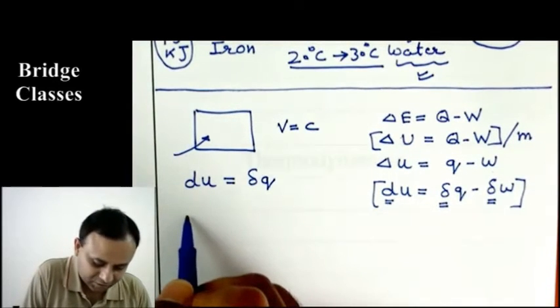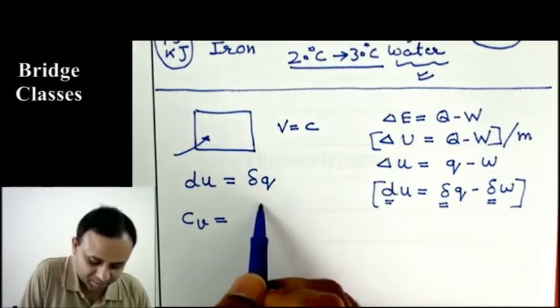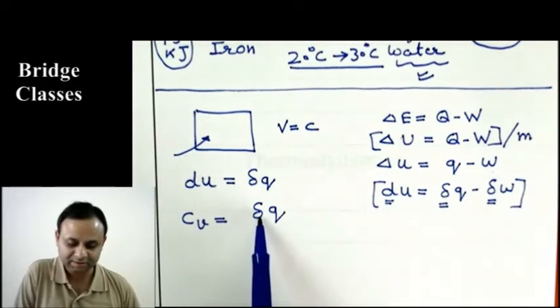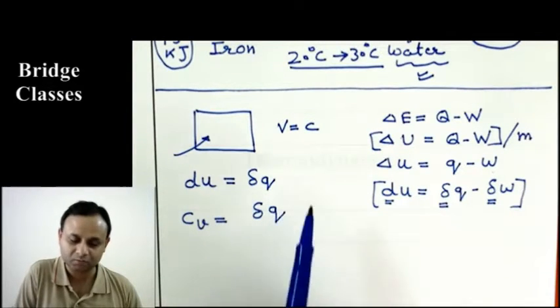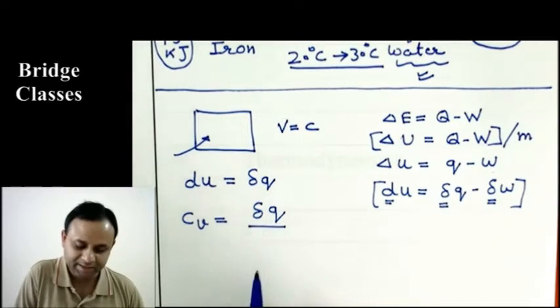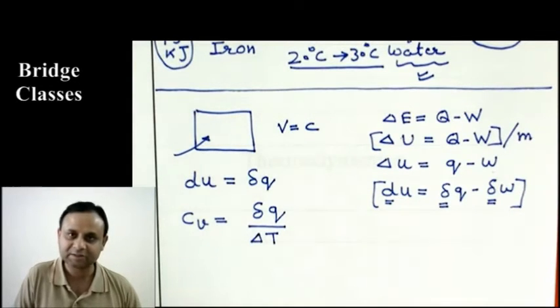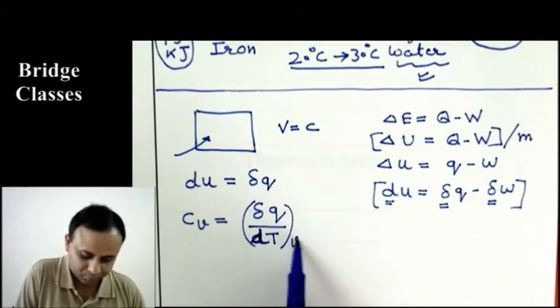And see how CV is defined. CV is defined as the amount of heat transfer per unit mass. This is heat transfer per unit mass because this is lowercase q. Per unit rise in temperature, so if the temperature rise was delta T because of this heat addition, I can write that as q over delta T, or say dT, at constant volume.